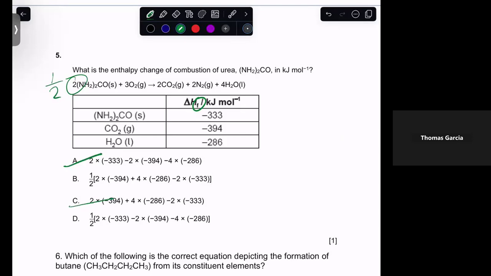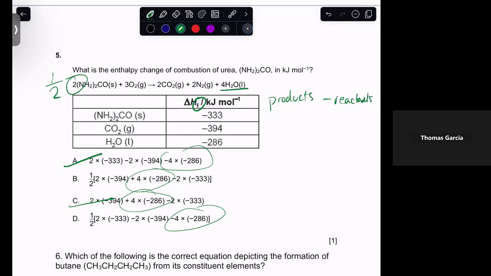The final thing that you may want to look at is that when we are looking at these values, the big difference here is whether our water value is positive or negative. You'll notice that here, here, here, and here. So do we have a positive or a negative water value? Because this is formation, this is going to be products minus reactants.